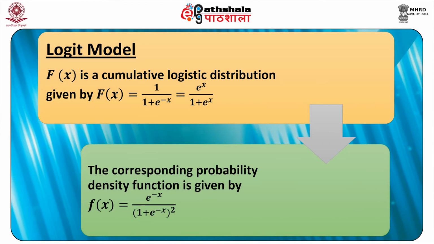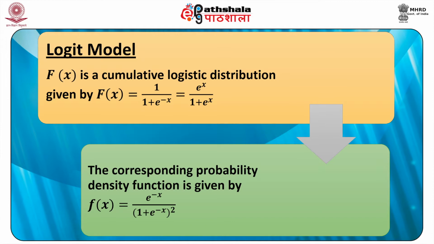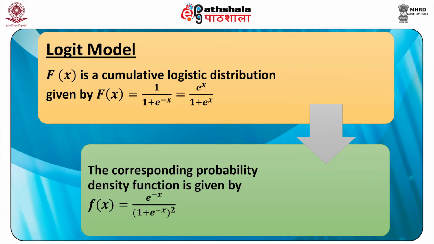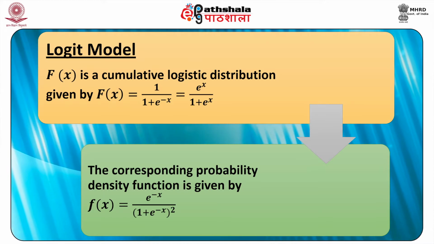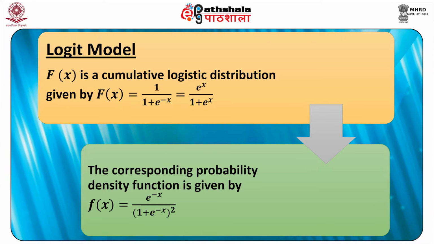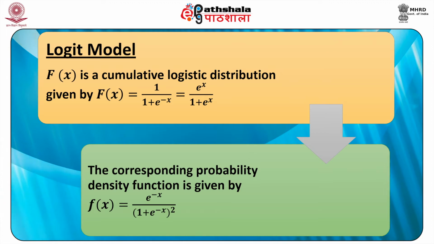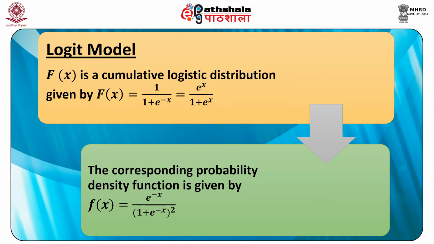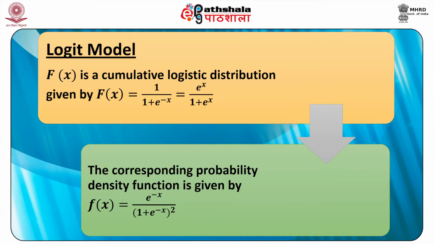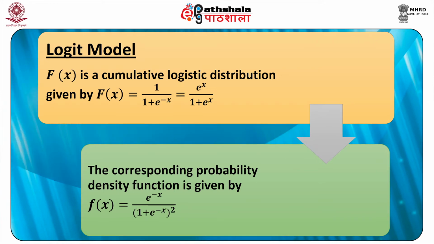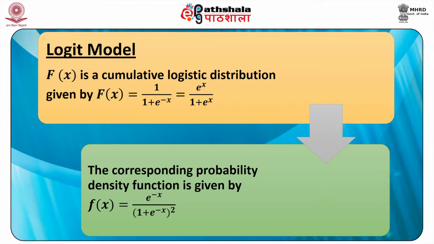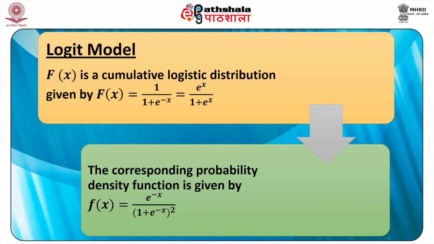In the case of the Logit model, F(x) is a cumulative logistic distribution given by the function F(x) equal to 1 upon 1 plus e raised to power minus x, which is equal to e raised to power x upon 1 plus e raised to power x. And the corresponding probability density function is given by small f(x).